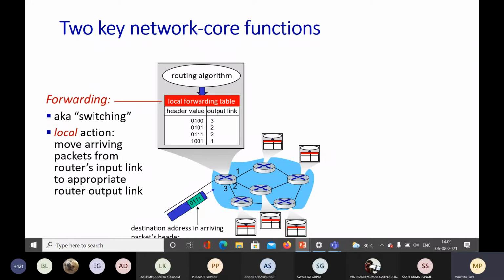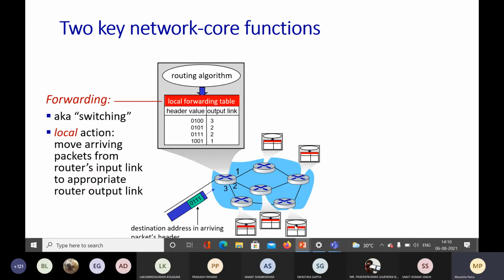Now, look at this router. This router has so many outgoing ports. Only after looking at this destination address can the router decide which port this packet needs to be forwarded to. There are two decisions that need to be made here. One is, depending upon the destination given in the packet's header, what is the path towards the ultimate destination.